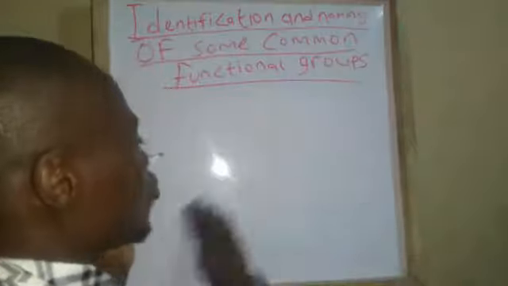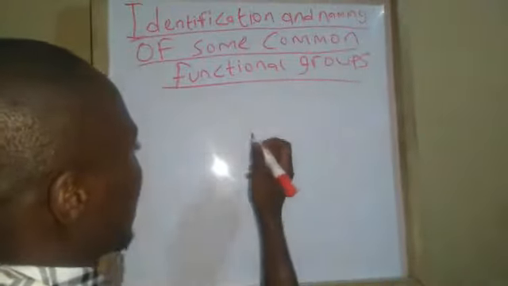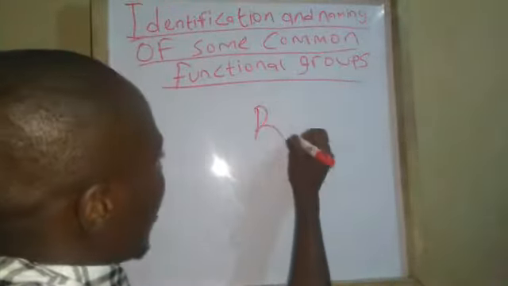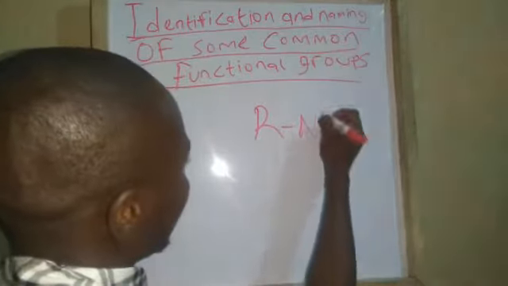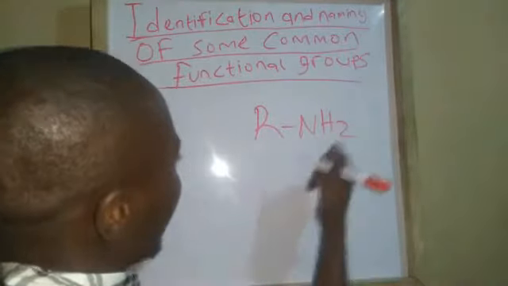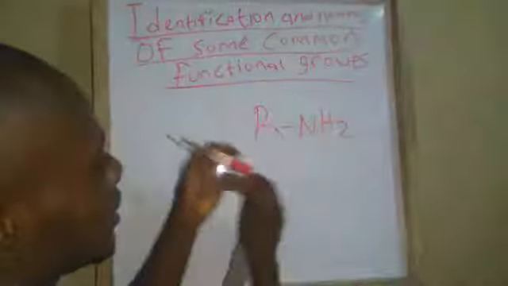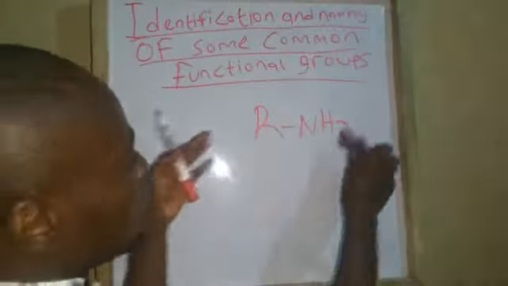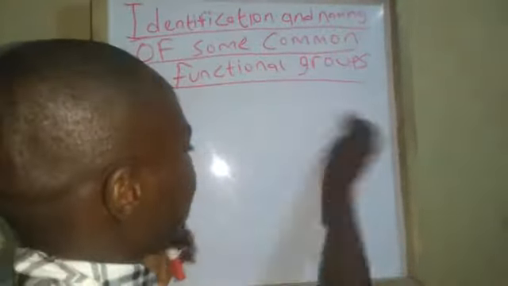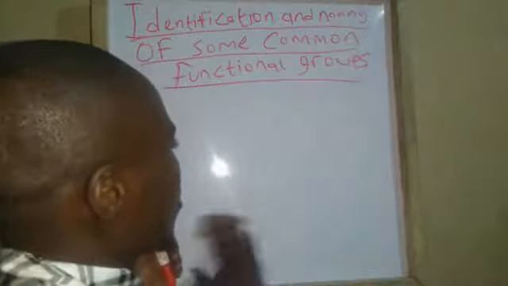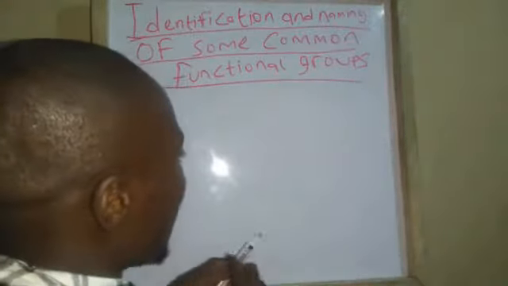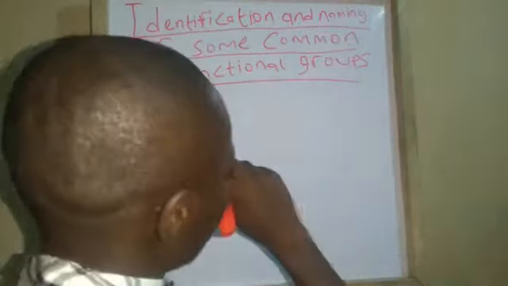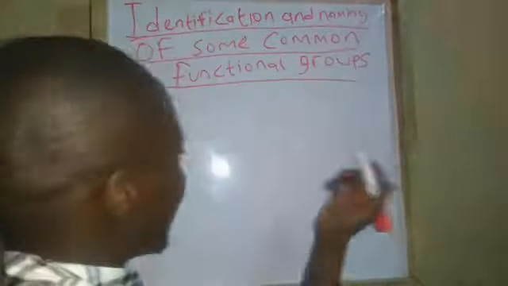Now let's get to amine. Amines have the general formula RNH2, so an alkyl followed by NH2. Let's quickly write the structure of butanamide.